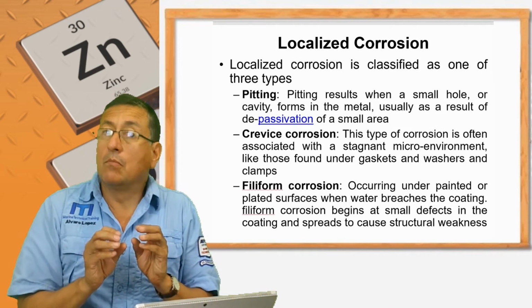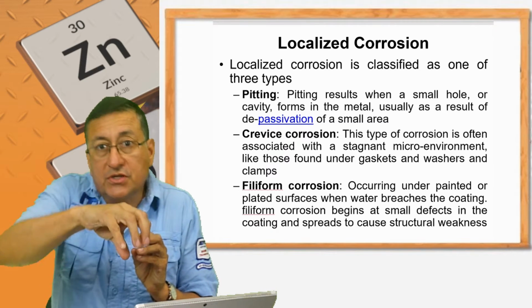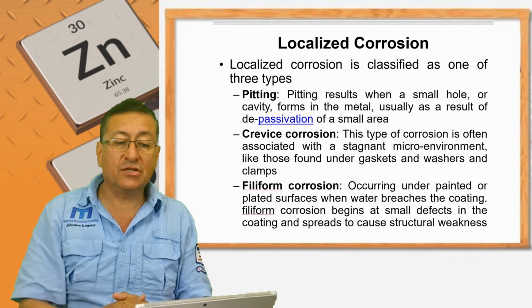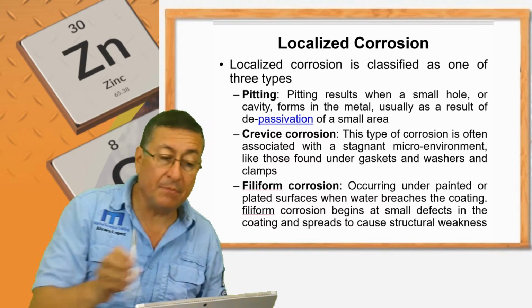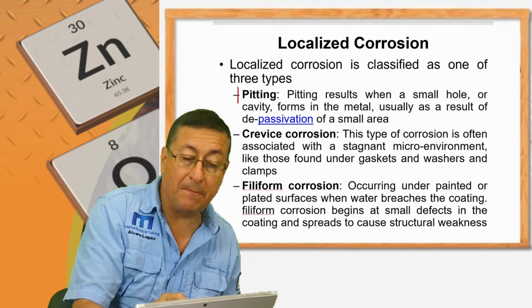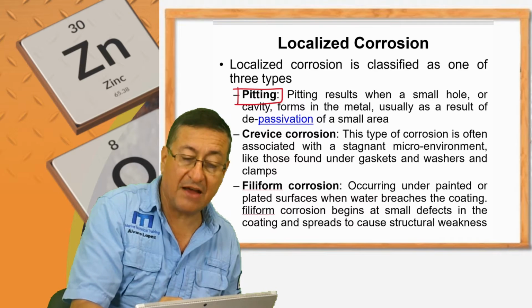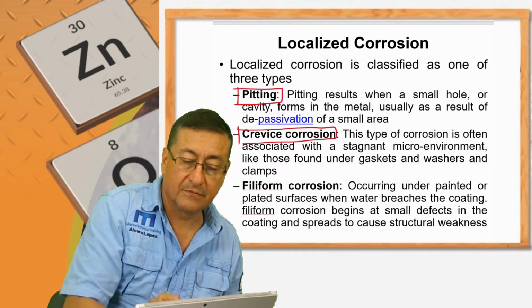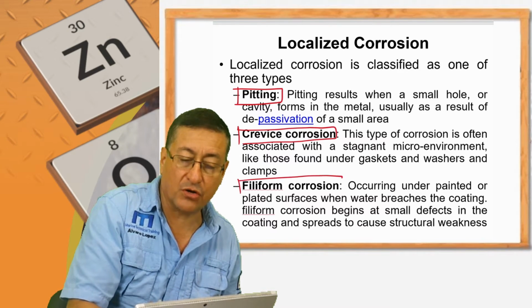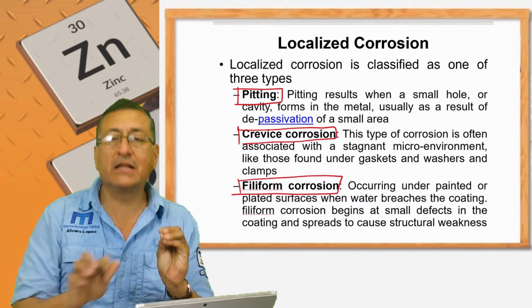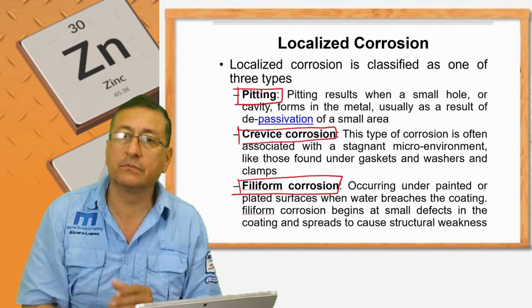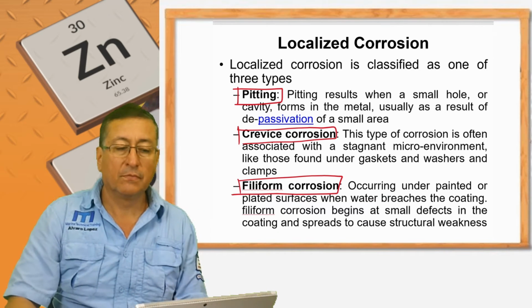There are other corrosion types more focused, more localized. Those are examples of localized corrosion: pitting corrosion, crevice corrosion, and filiform corrosion. Three different types of focused corrosion.